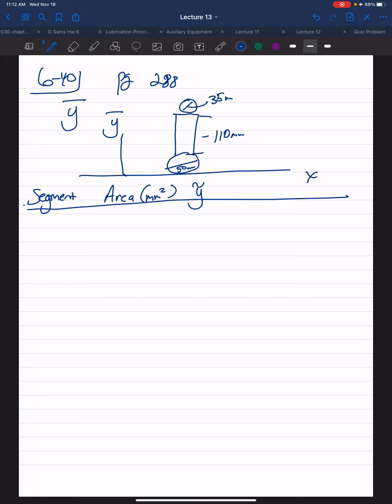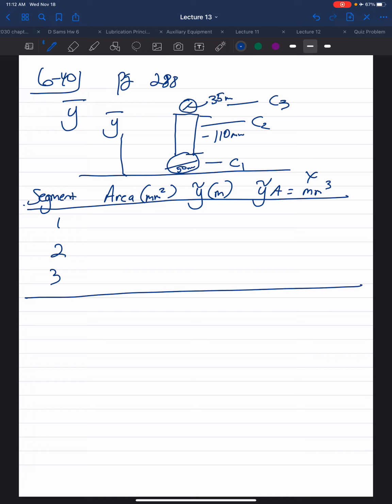I got your y wavy bar, this is millimeters. Now y wavy bar A would be millimeters cubed. And we have 3 segments. We'll call this segment 1, segment 2, and the last small circle will be segment 3.